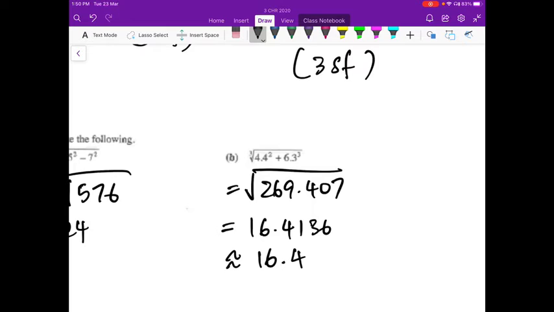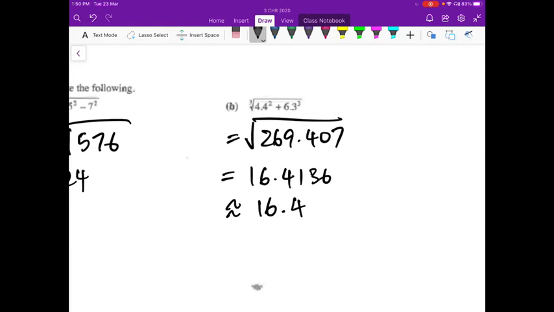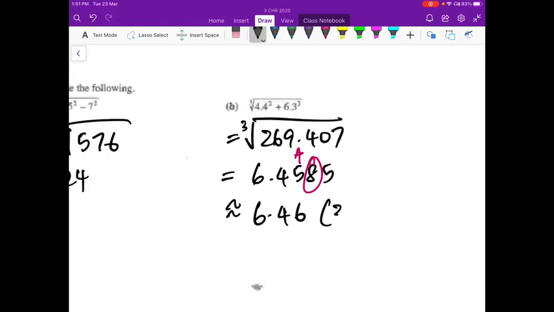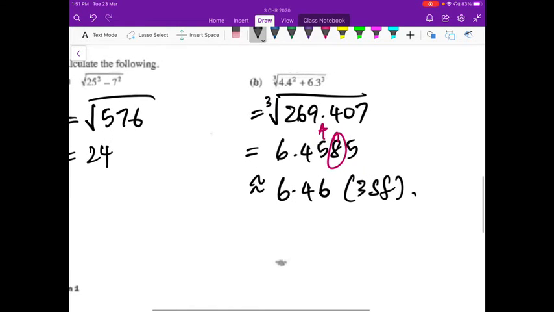Alright. No. You never put the 3. Oh, yeah, there's another cube root. Keep making mistakes. Okay, all these 3SF. Oh, yeah. I typed the cube wrongly.